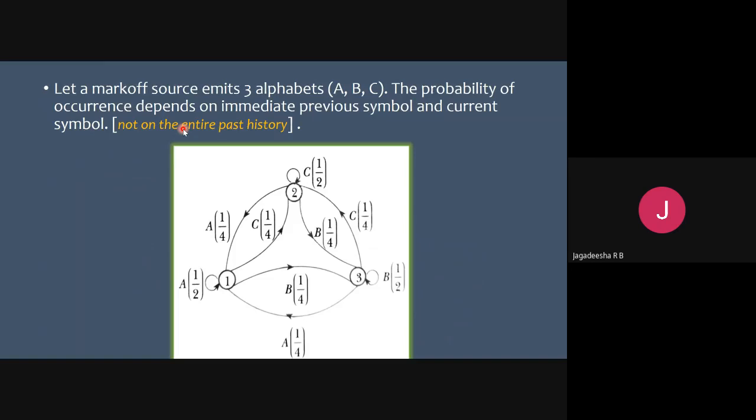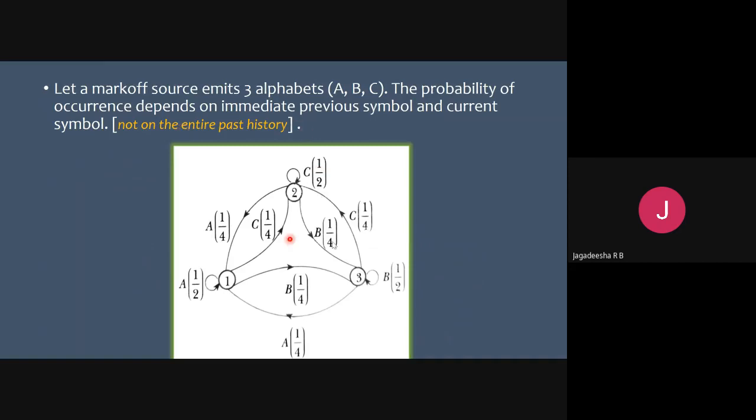For example, if we have AB as a message generated, then B will depend on A only. If there is ABC, the C will depend on B, but not on A. That means a current symbol depends only on the previous one.